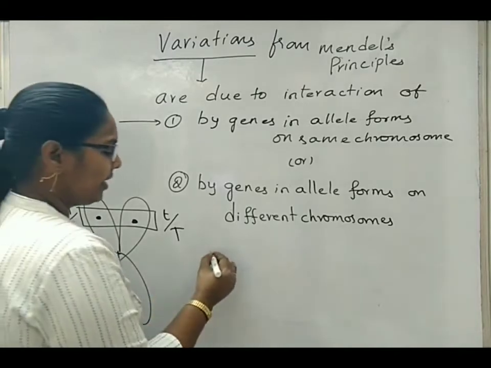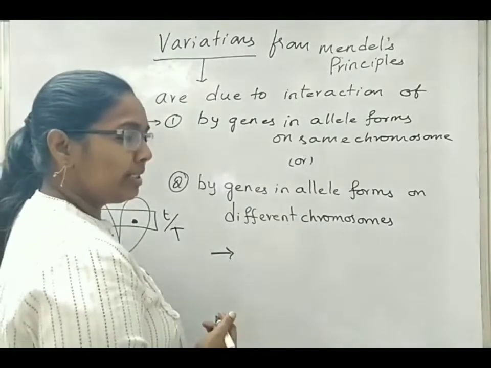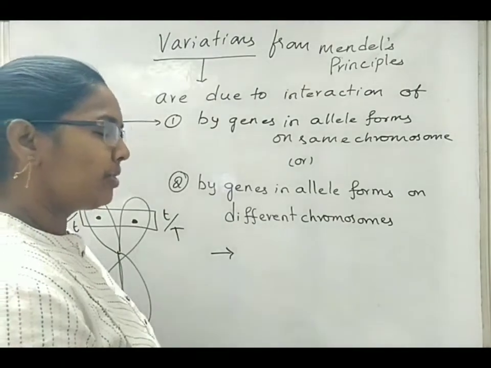Now, variations, these are of two types, means interaction between the alleles is of two types.